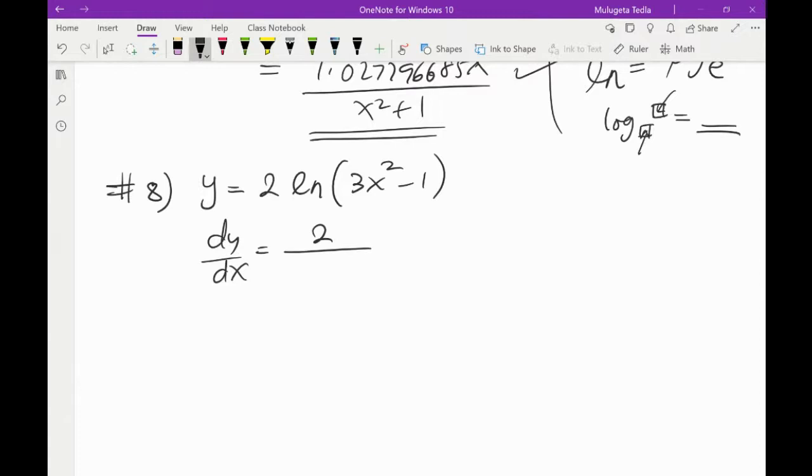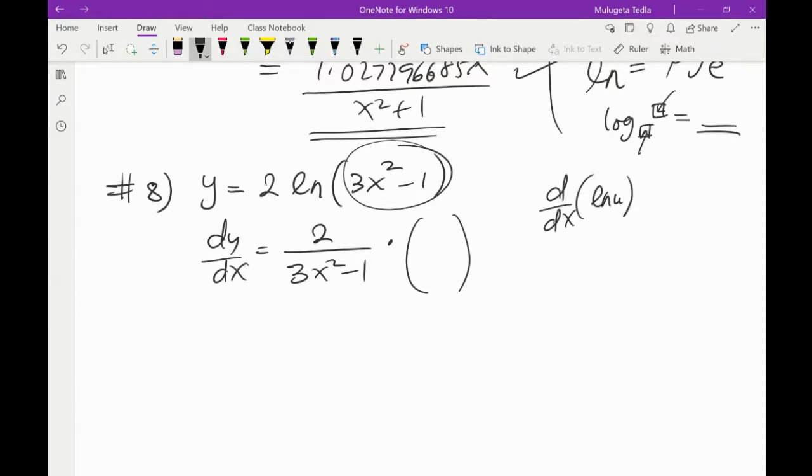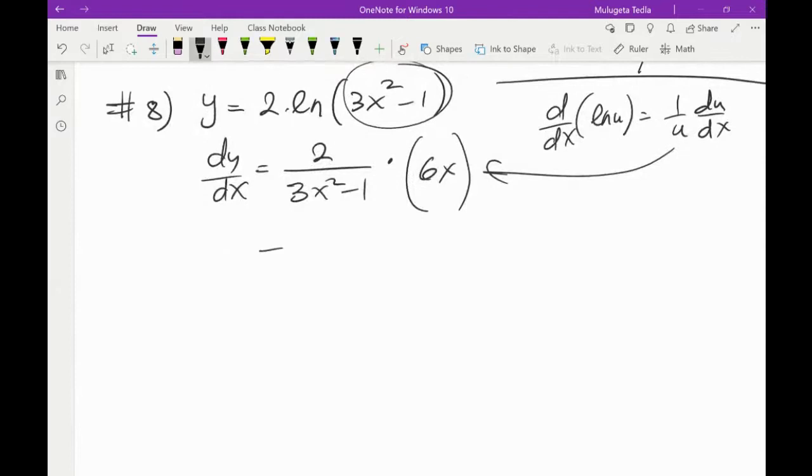So 2 over the input, times the derivative of the input. That's what the derivative of ln of u is. Derivative of ln of u is 1 over u du by dx. That's all. That's what I'm applying here. 1 over u, 2 over u, because the 2 is a multiplier, times the derivative of u, which is 6x. So this is 12x over 3x squared minus 1 is the answer for it.